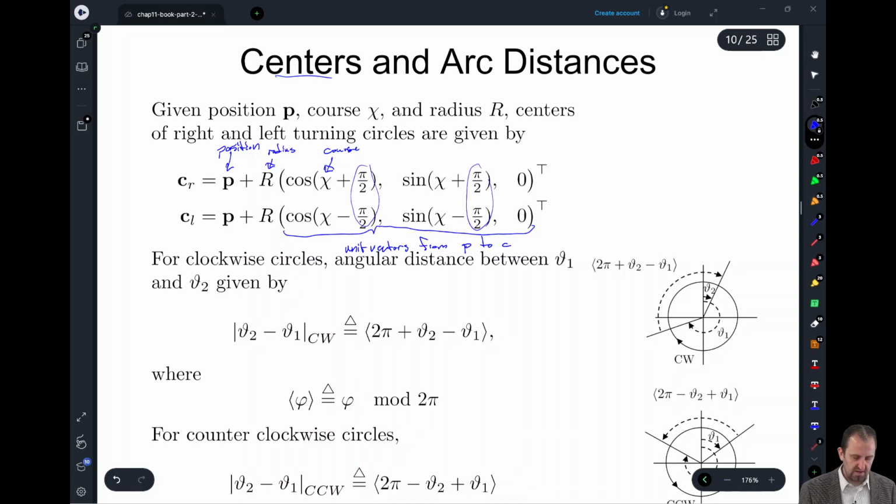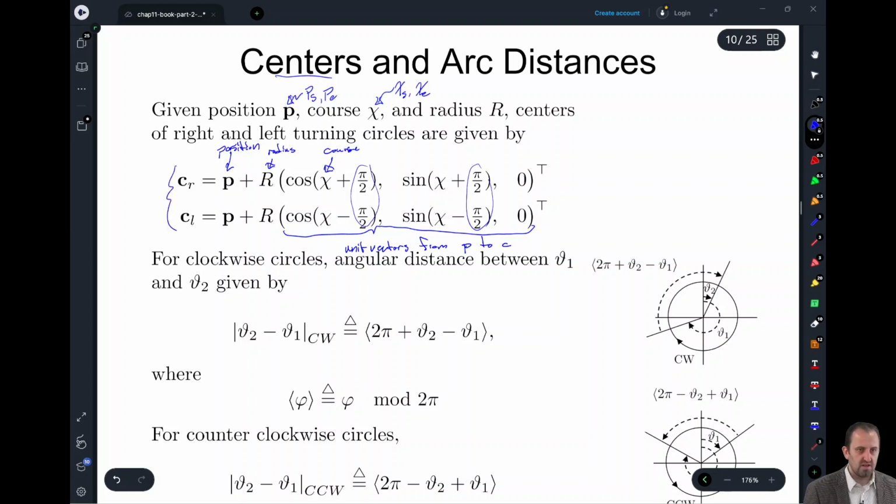So we have a unit vector from our starting point to the center point. And we're going to have to do this for both PS and PE, so our starting position and ending position, as well as our starting orientation and our ending orientation.